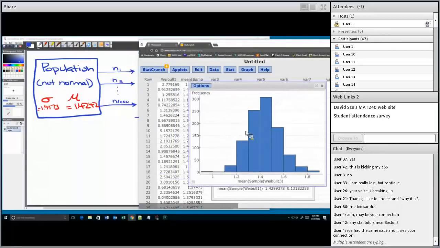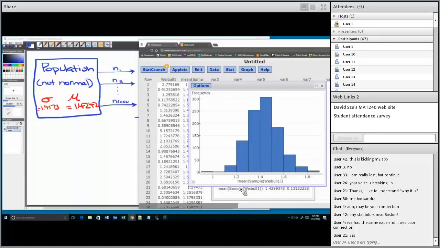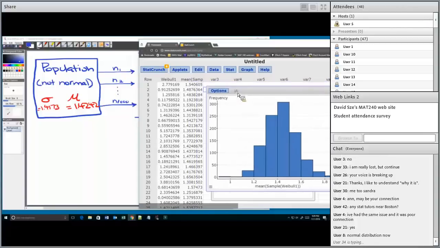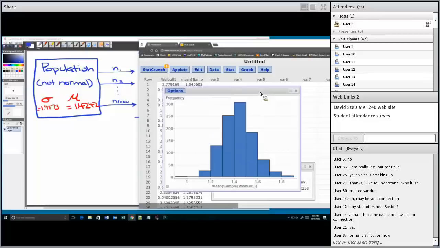So what just happened is I had a population that was not normal. I took 1000 samples from that population, and each time I calculated its mean, represented by this column. These are each of those 1000 means. Then I created a graph of those means, and you can see that the means are normally distributed. This is what the central limit theorem says.